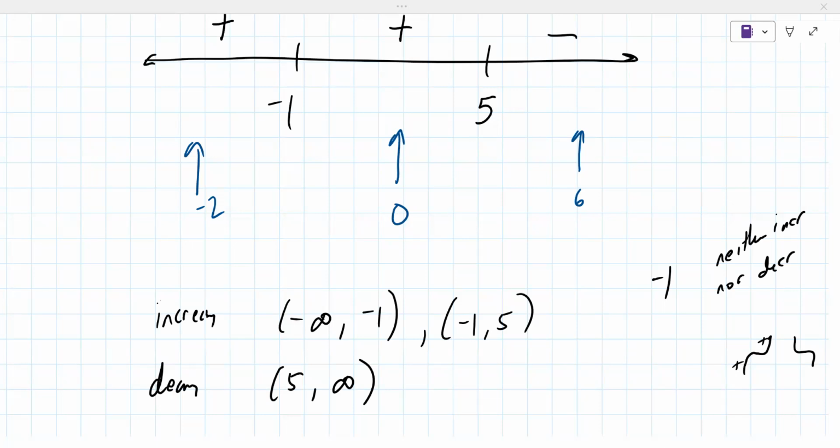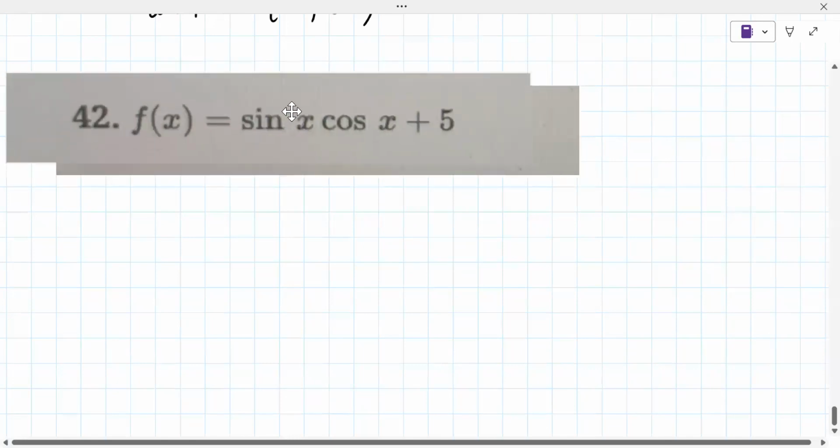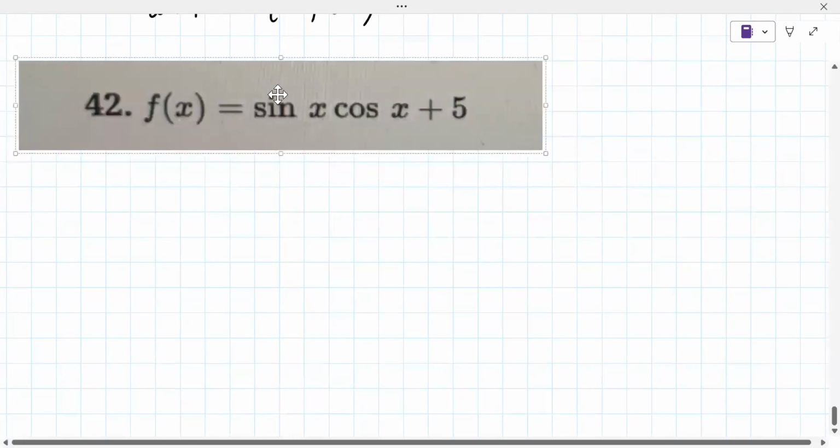So why don't you take a derivative for me at 42? Yeah, 41, okay, 42. Why don't you take a derivative for me, please, if you don't mind. The first one is a product rule to help you out here: sin x, cosine x, that's a product rule derivative.